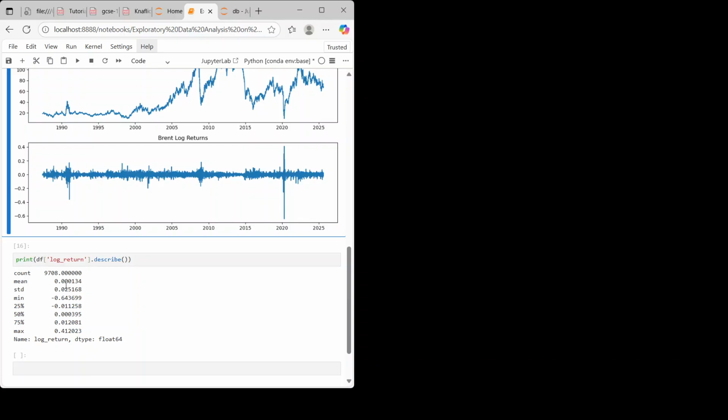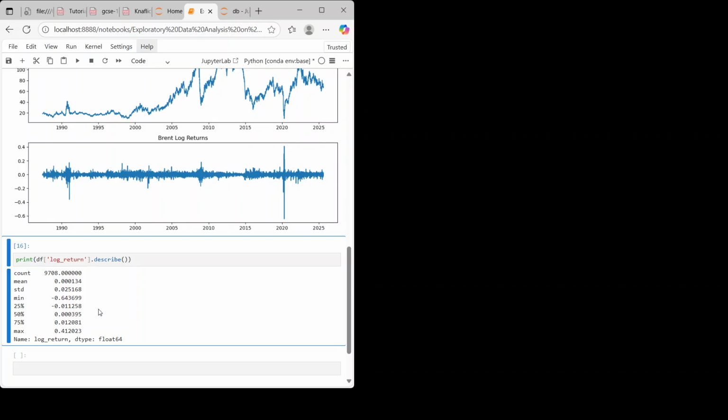So it reflects the sensitivity to this geopolitical, but it's likely to go up by 2.5% or less than 2.5%. And then it gives us the minimum here. So the worst single day log return, on a very worst day, if prices were to drop, it will drop by 64%.